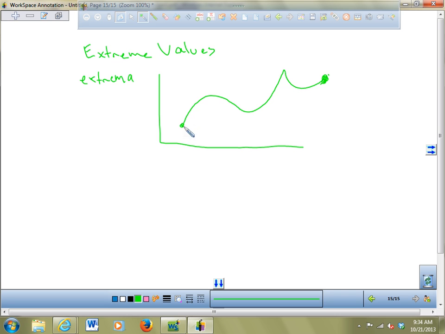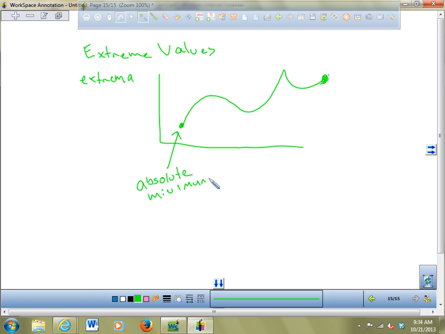If it's the lowest point in a function, then it is called an absolute or global extrema, okay? So this point right here, just from looking at the graph, that would be an absolute minimum or maximum? Minimum, okay?